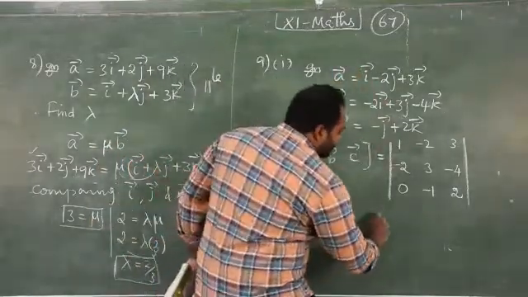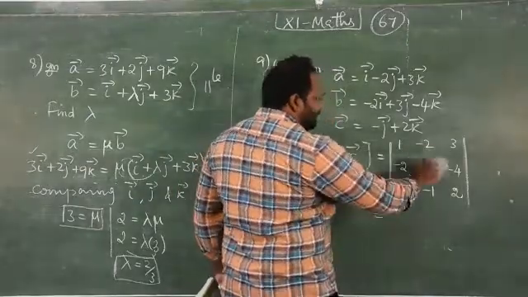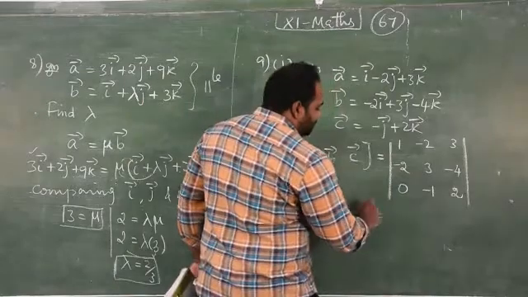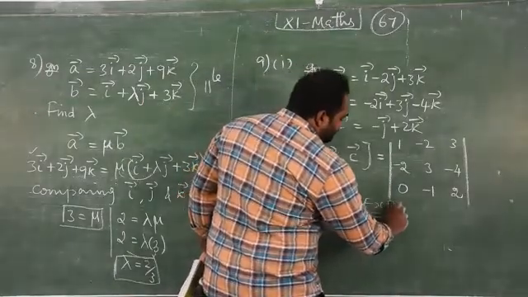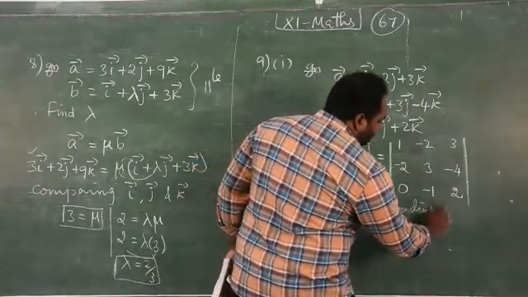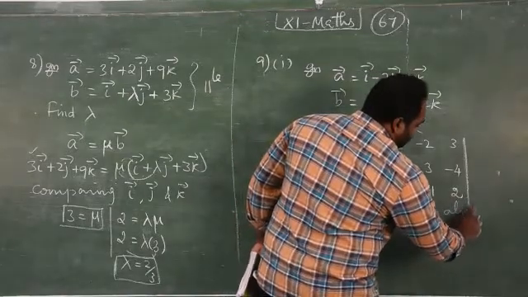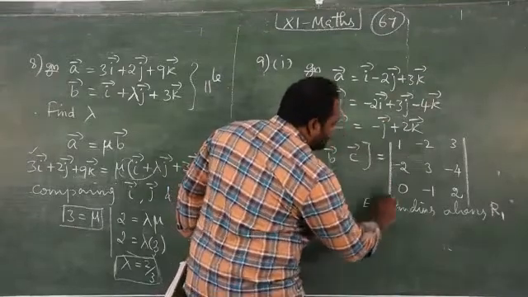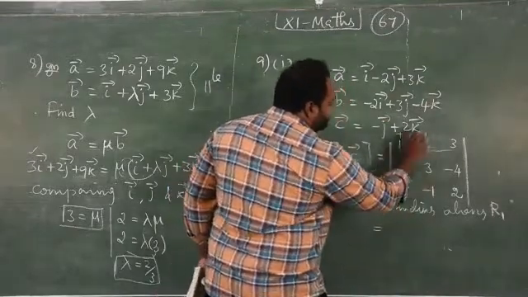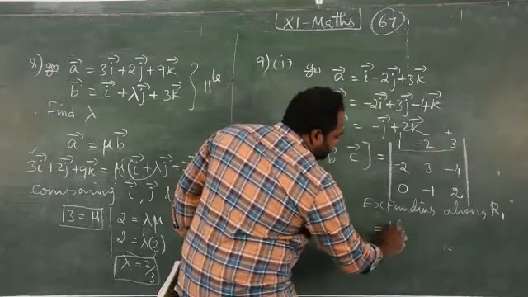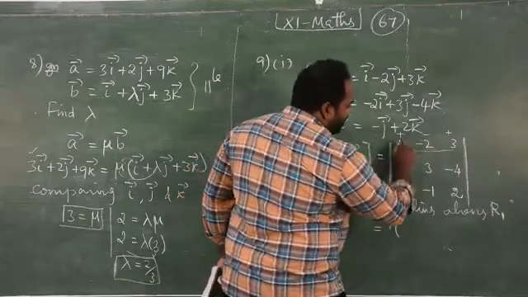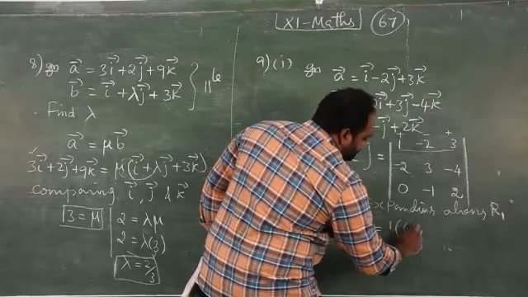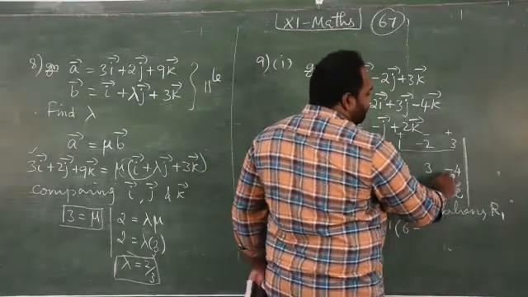Okay, now expanding, you know how to expand the determinant, expanding along R1. Take this row, first plus, minus, plus. First element, eliminate this column and row: 3 into 2, 6, minus 1 into minus 4, plus 4.